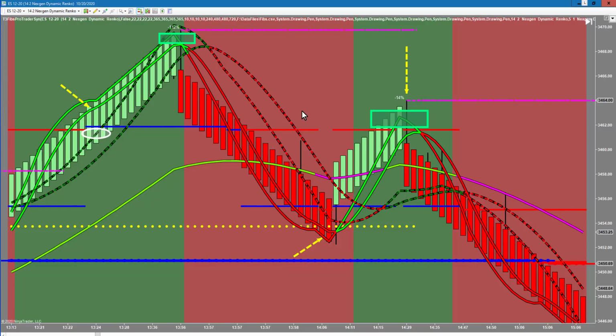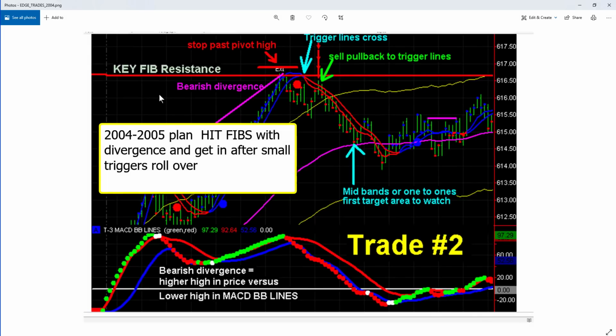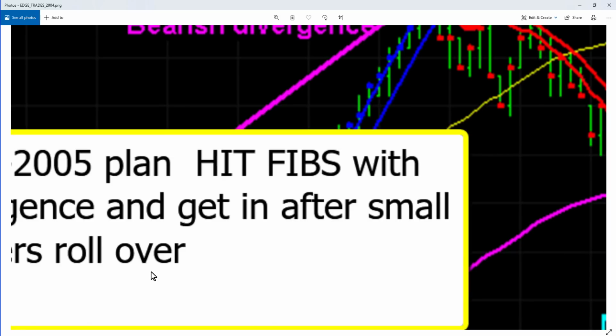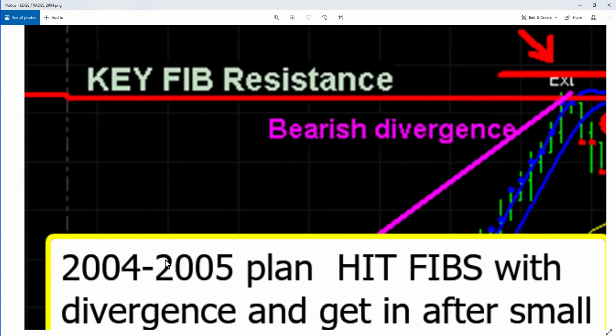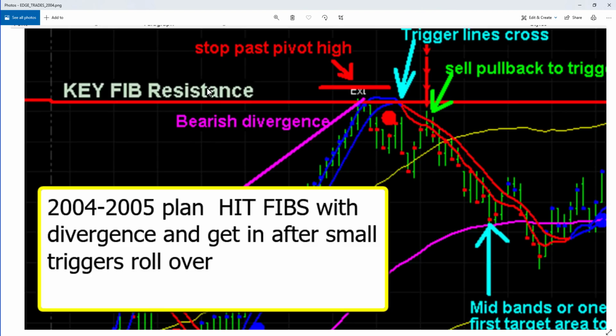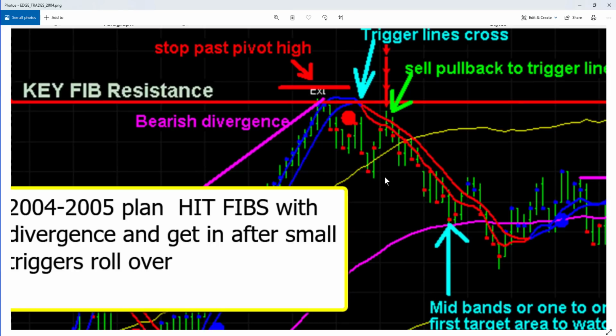Again, you guys have probably seen this before, but we've been looking at this trade since 2004, 2005. It looks antiquated, yes, I know, but it's still the same rules. Fibs reached, bearish divergence is true, trigger lines roll over.